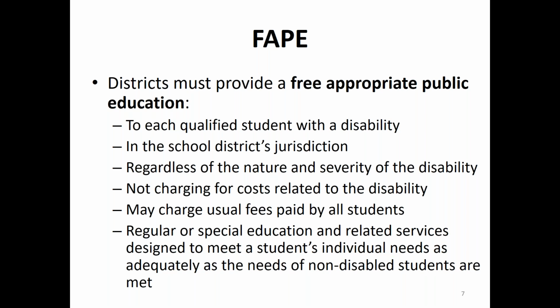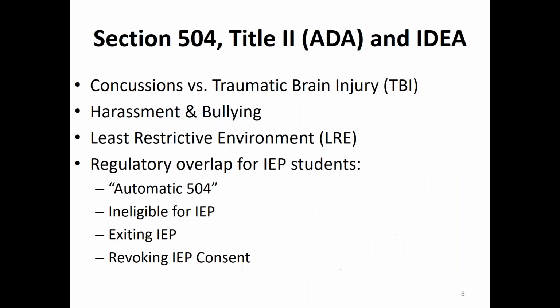And our hope is that students who require special education or specially designed instruction are using the IEP process for those services. But again, our baseline is we're providing services that are designed to meet a student's individual needs as adequately as the needs of non-disabled students are met.